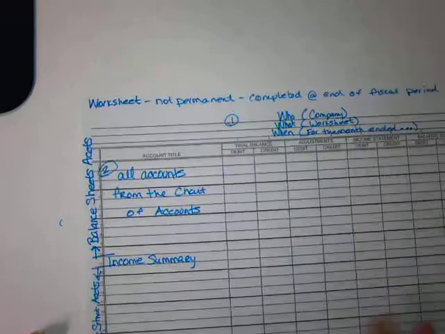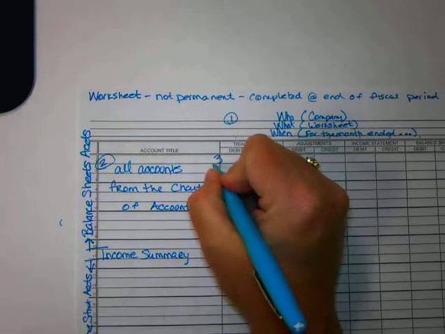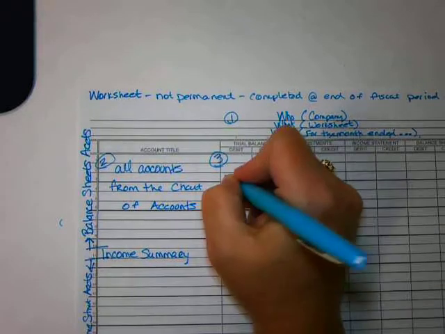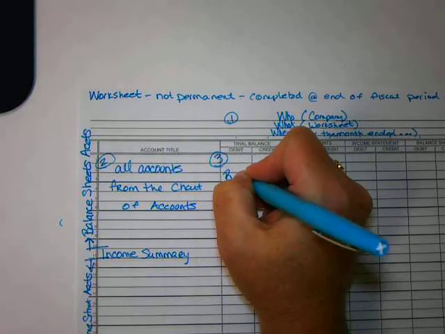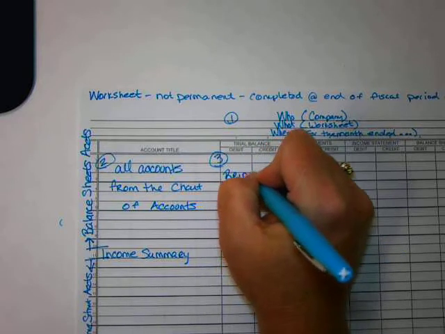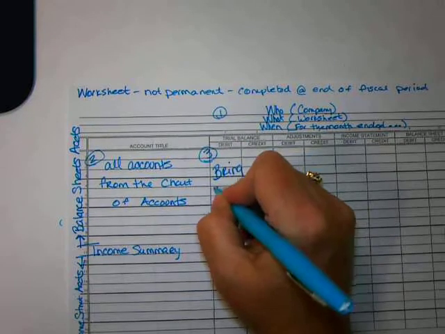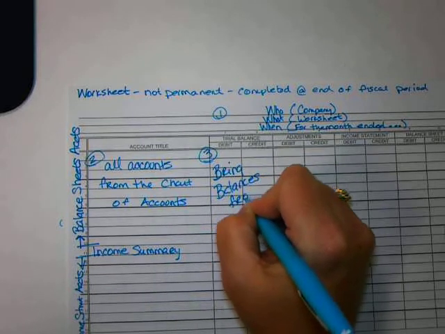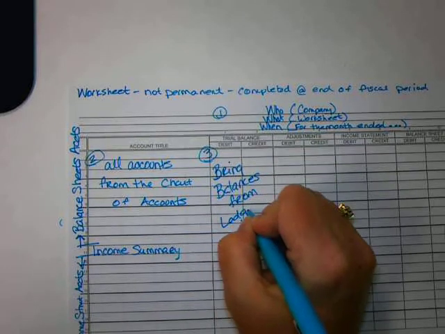Okay? Then the third thing that we're going to do is we're going to get the numbers for each of these accounts. And we're going to get these numbers from the ledgers. So we're going to bring balances from ledgers.